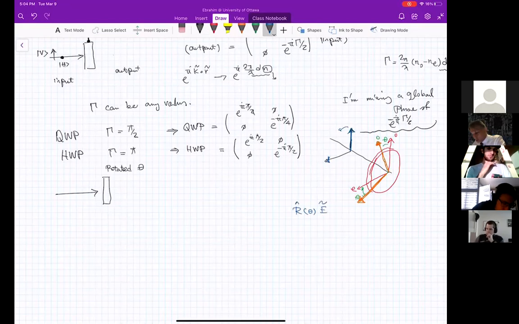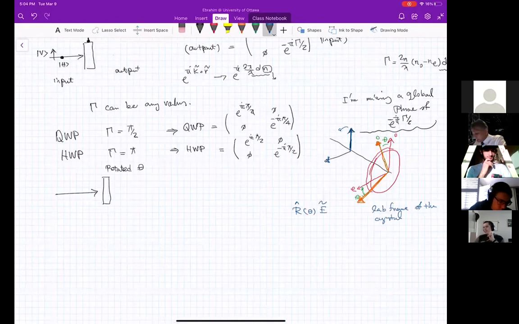Then I can go to what I call the lab frame of the crystal. I can apply the action of wave plates of gamma because this is the proper coordinate where I know the action.